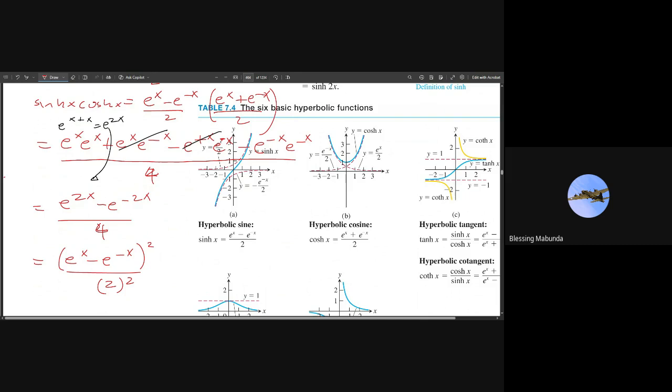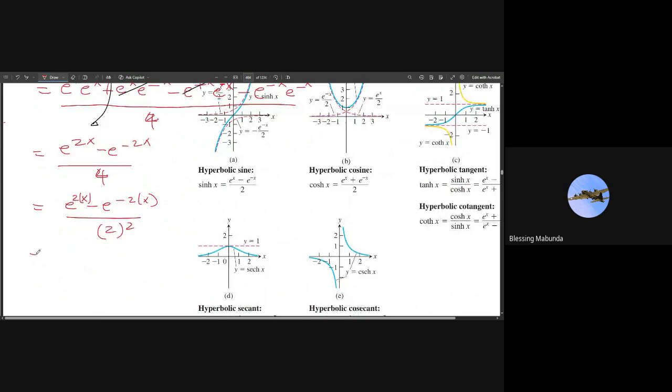Just a minute, see if it works out. Okay. Don't factor it out like that. What you can rather do is to say this is 2 times that, and then 2 times that. And we're reducing this to now sinh.